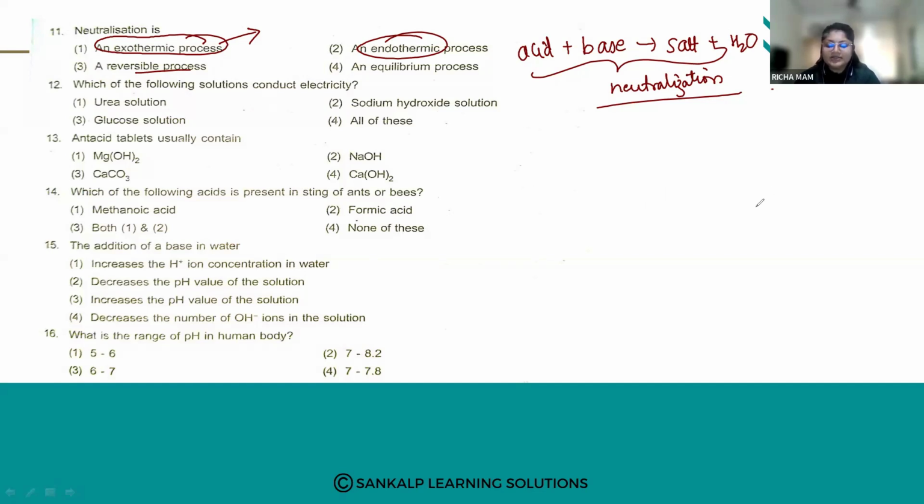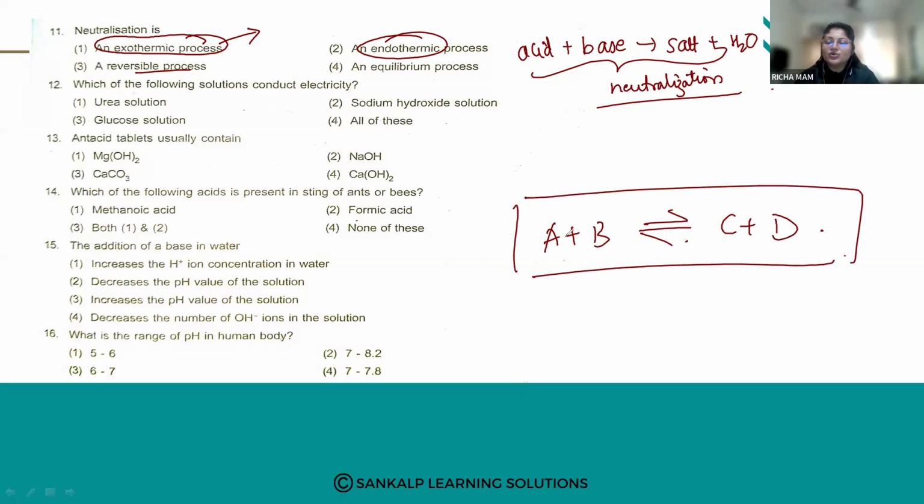Equilibrium means, suppose A plus B gives C plus D, an equilibrium will exist, where reactants are converted into products and products can be converted back to reactants in equal proportion.